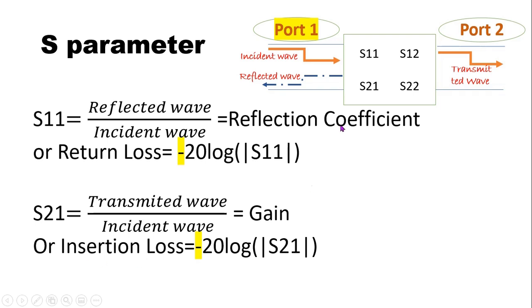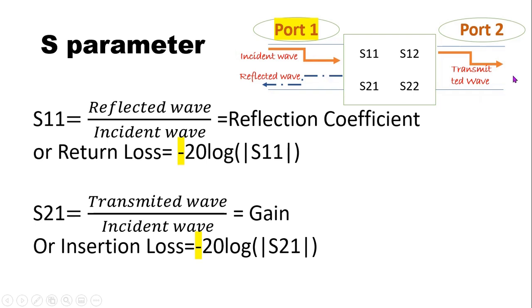So we know S11, we know S21, but what about these other 2 things? I think a few of you might have guessed it right, that these 2 will be with respect to port 2. Now we are looking with respect to port 1, using port 1 as our primary port and port 2 as our transmitted port.